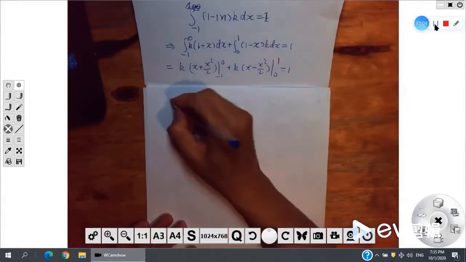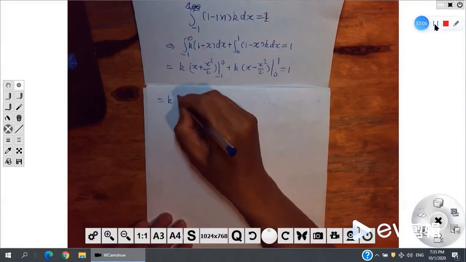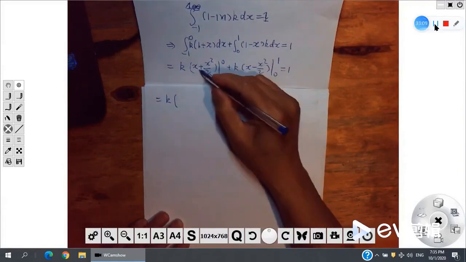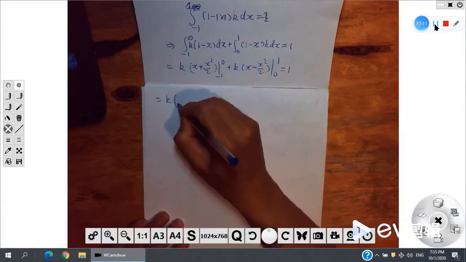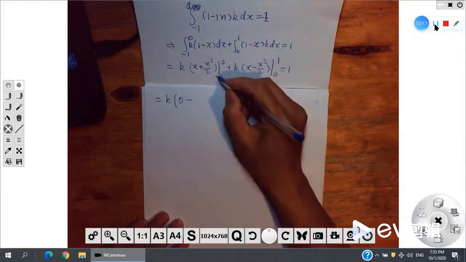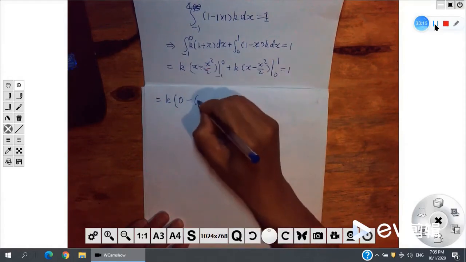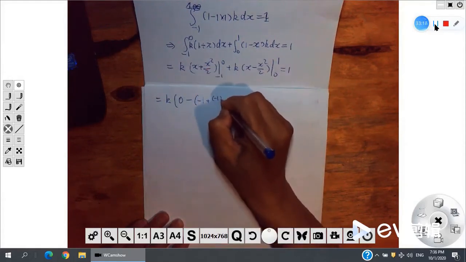I plug in 0 and get 0, then minus, I put in -1, which gives -1 plus (-1) squared over 2.